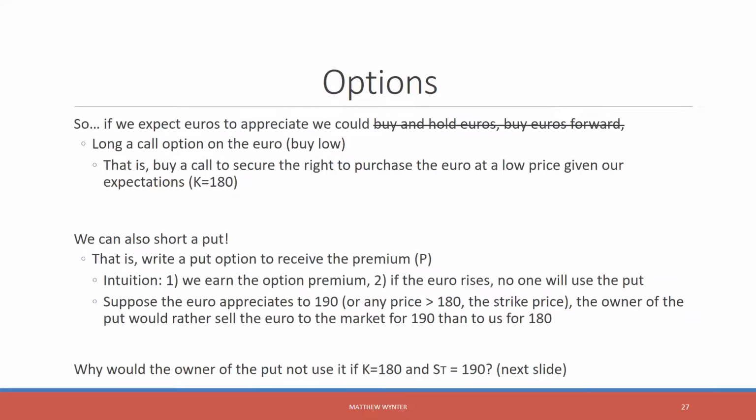using the put. Okay, so if we expect euros to appreciate, we could long a call option on the euro to effectively secure the right to purchase the euro at a low price given our expectations. We can also short a put. We can write a put option to receive the premium P. What's the intuition?